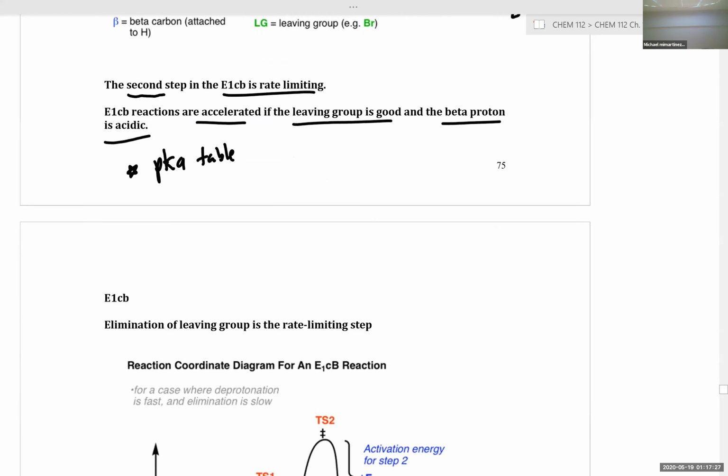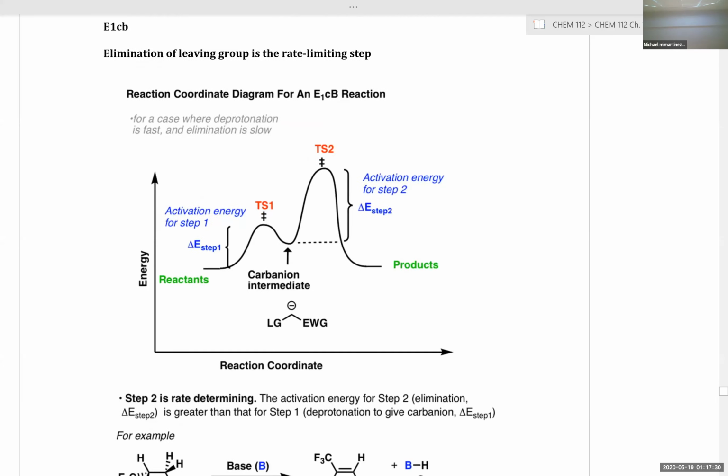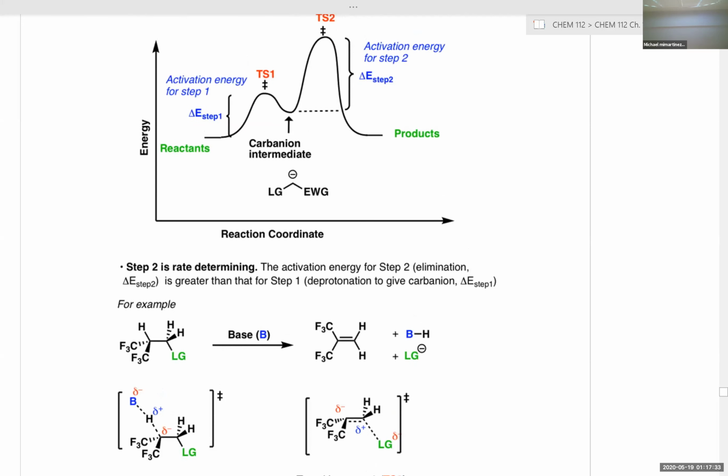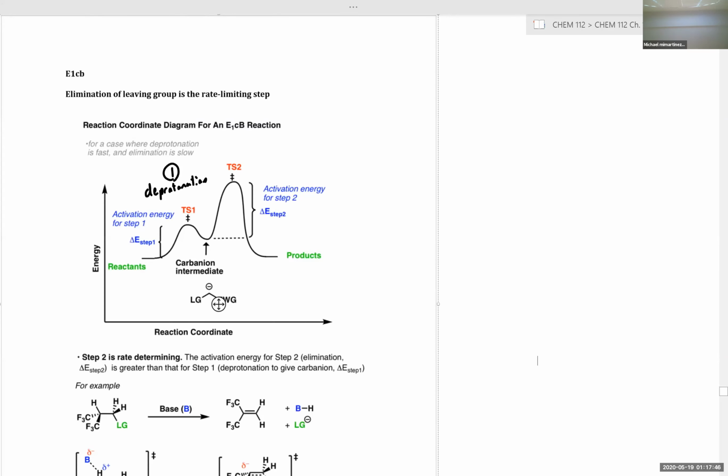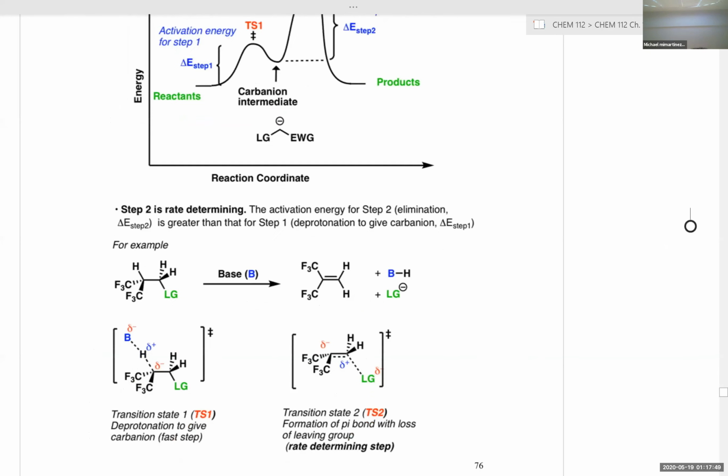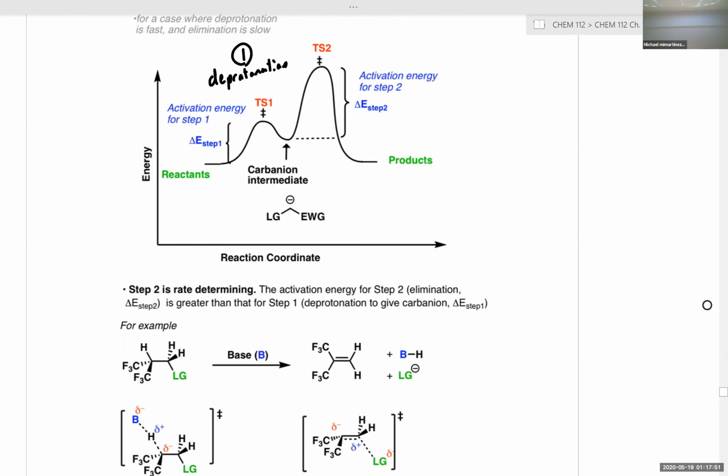So let's look at an energy diagram for an E1CB reaction. So first and foremost, you have step 1, which is deprotonation. In step 1, your base is pulling off a proton, and then you're generating an anion intermediate.